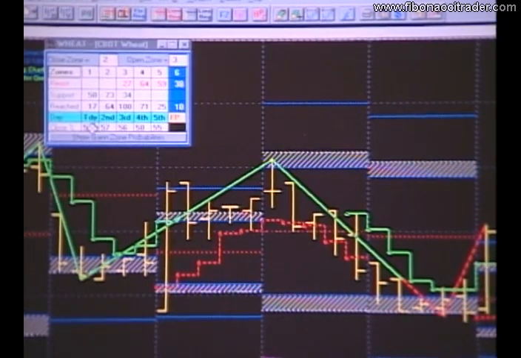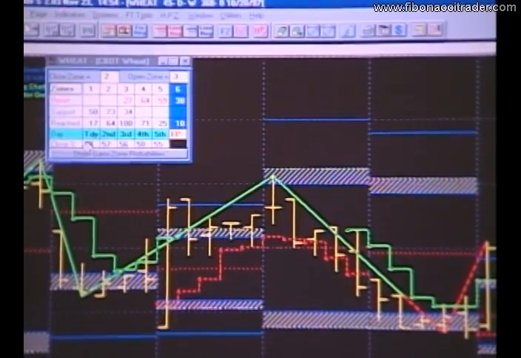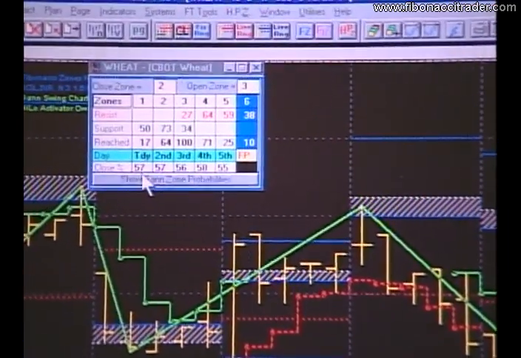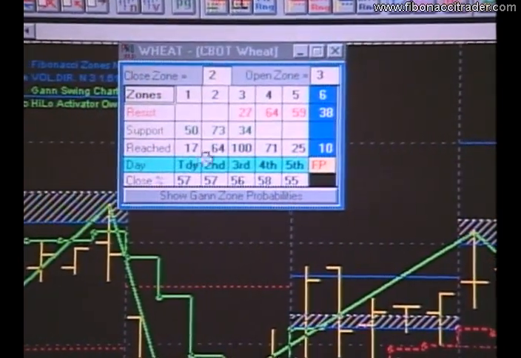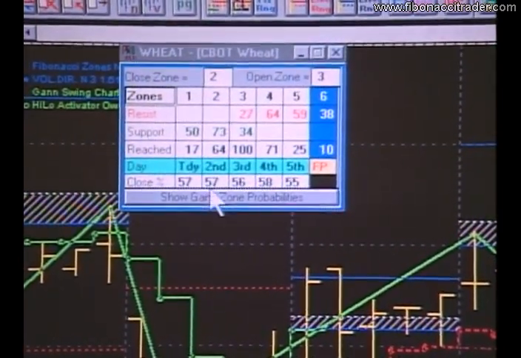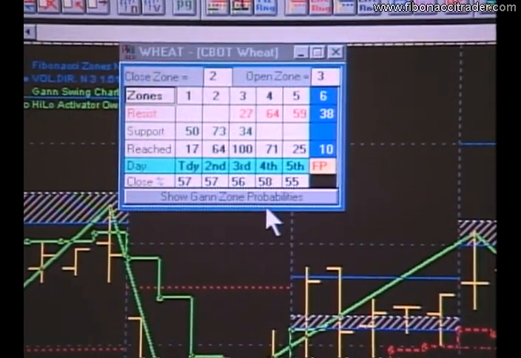Also, next step is I look at what are the close probabilities. It tells me that 57% of the time, the close is going to be higher than the open. Very nice. I look at the next day, again 57. Third, 56. Fourth, 58. Potential strong up market coming.